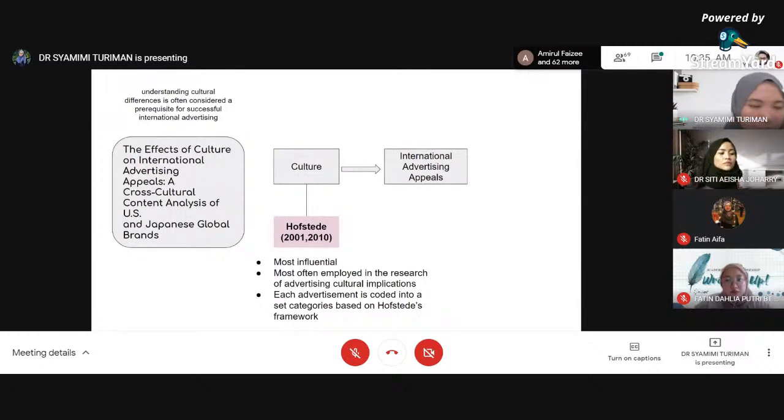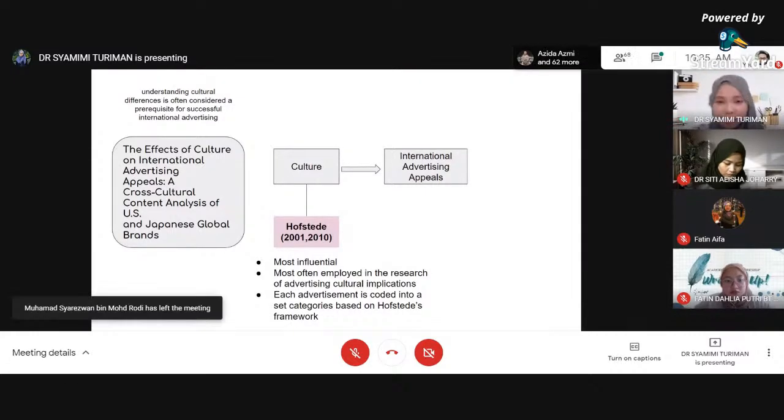So this study looks at understanding cultural differences, because cultural differences are often considered a prerequisite for successful international advertising. Based on that understanding, the researcher is trying to study culture and how it impacts international advertising appeals.